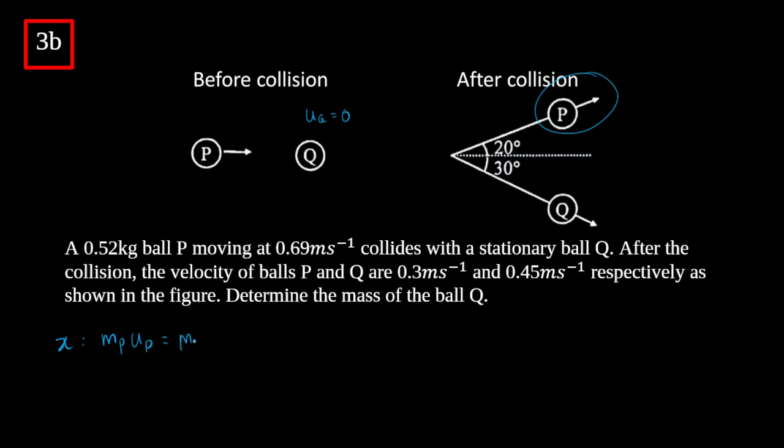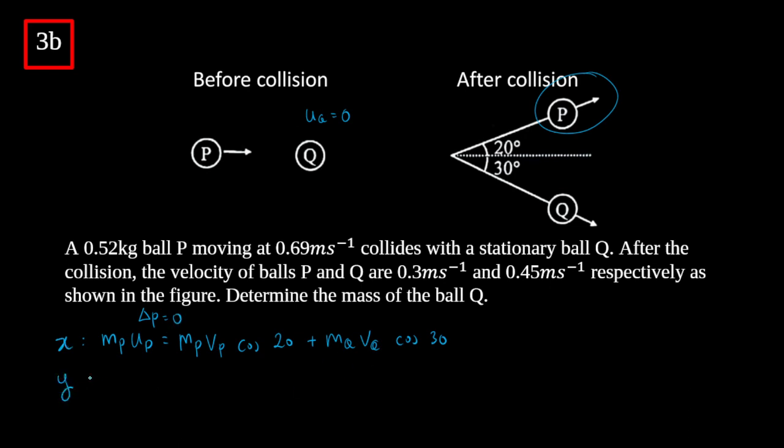I'll have mp vp cosine 20, plus mq vq, again same thing, cosine 30.